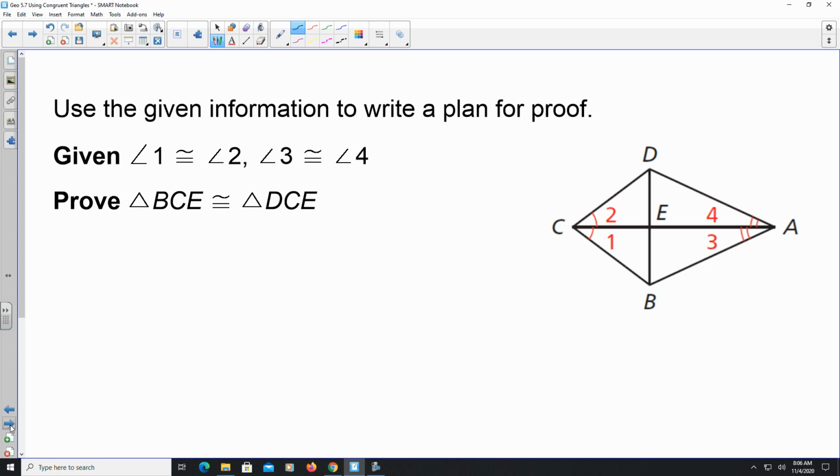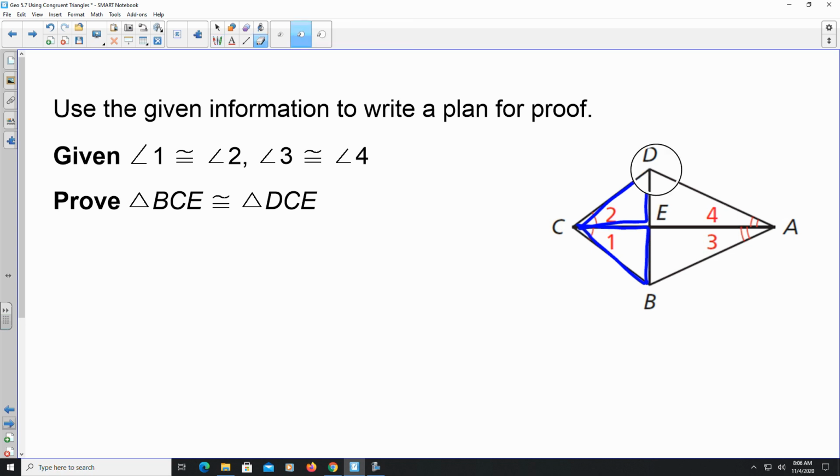Here's another proof where they're asking us to use the given information. So they're telling you that angle 1 is congruent to angle 2 and angle 3 is congruent to angle 4. They want you to find out if triangle BCE, so this triangle here, is congruent to DCE, which is this triangle here. So it's these two small triangles on the left-hand side of this diagram.